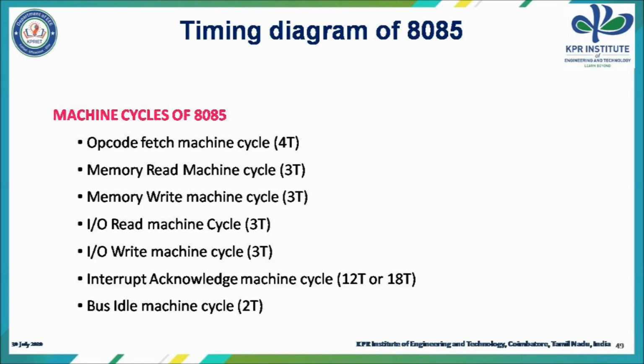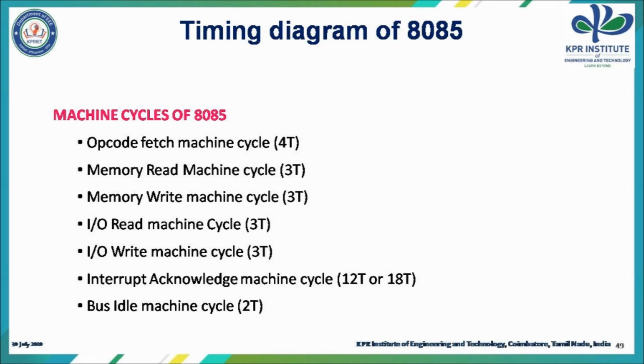The opcode fetch machine cycle requires 4 T states. The memory read, memory write, IO read and IO write machine cycles require 3 T states. The interrupt acknowledge machine cycle requires either 12 T states or 18 T states depending upon the instruction through which the interrupt is accepted, and the bus idle machine cycle requires 2 T states.